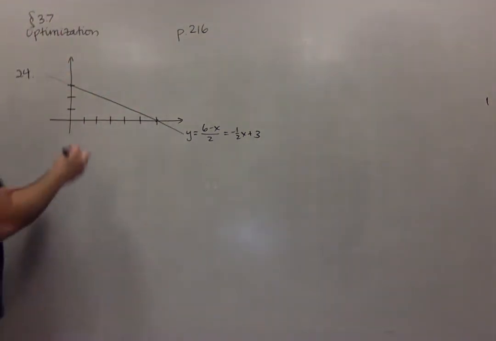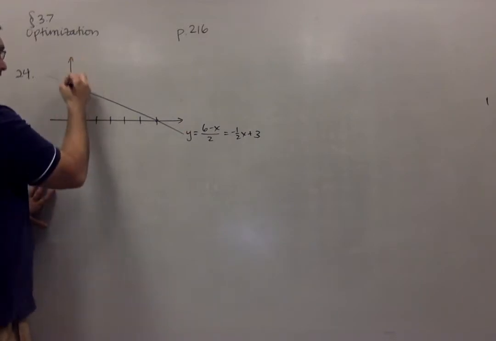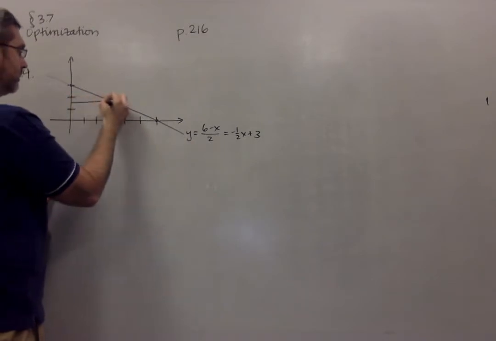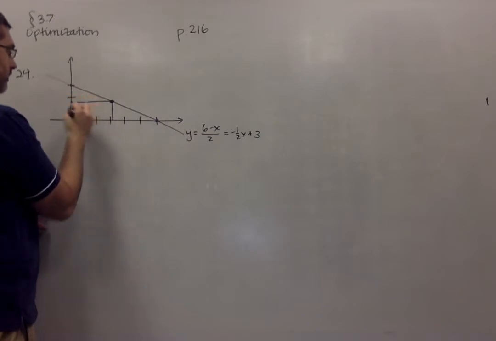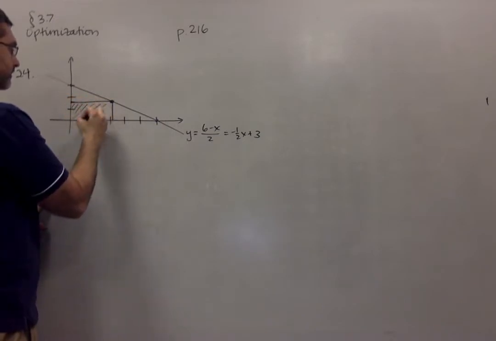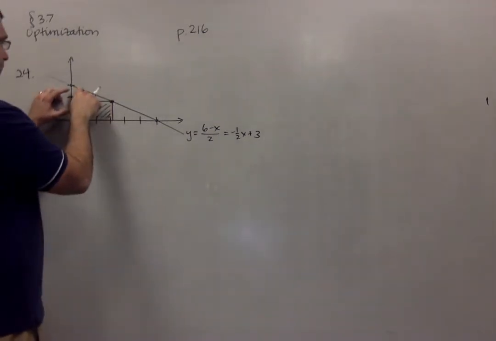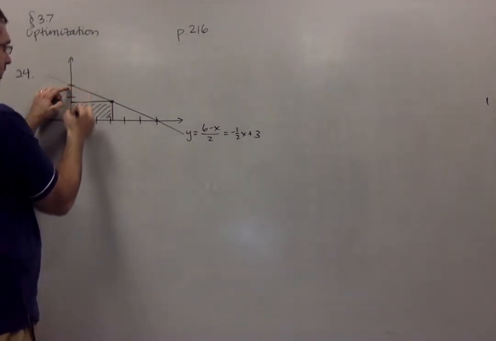And so we've got a rectangle that's bounded by the y-axis and the x-axis and this line. In other words, if you pick a point on this, then we've got a rectangle here. Now you'll notice that if I pick that point up here, I would have a tall, thin rectangle.